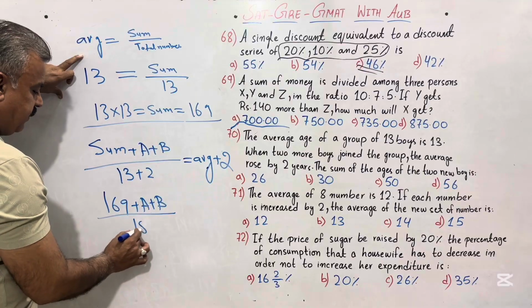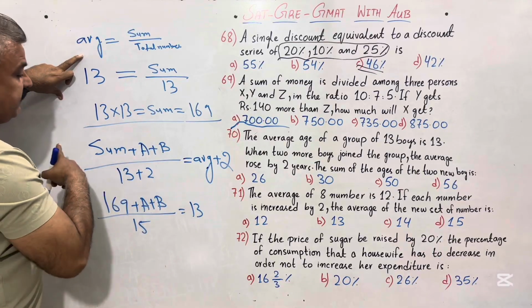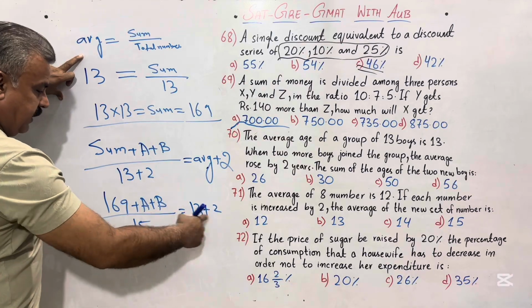13 plus 2, it's 15. Previous average is 30, plus 2 it will become 32.